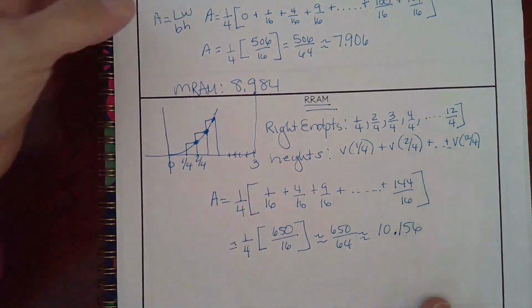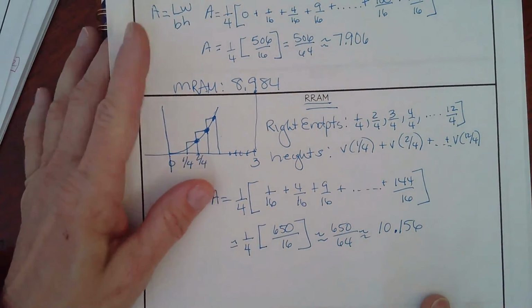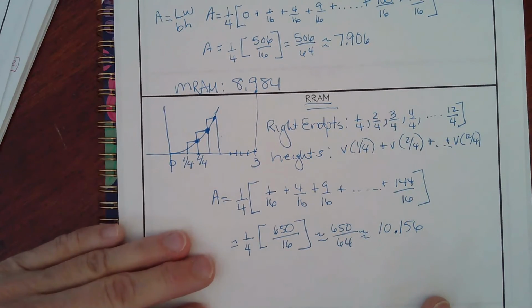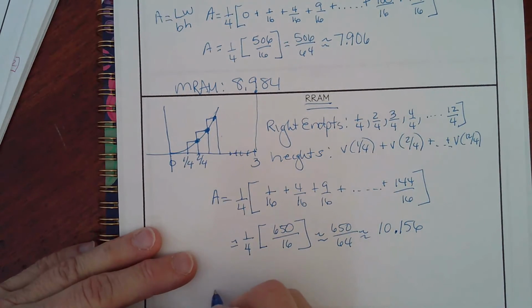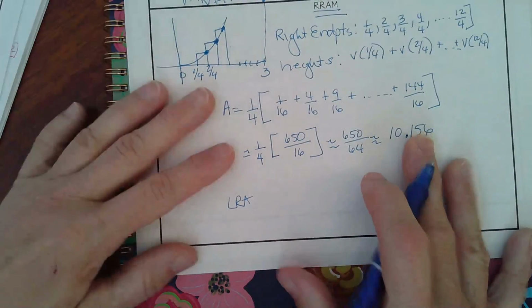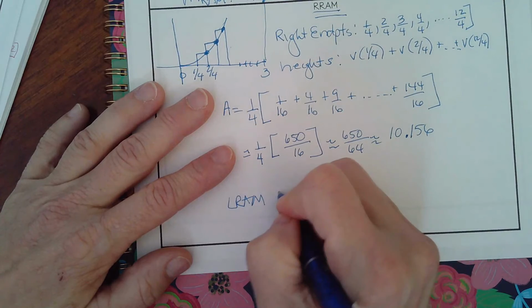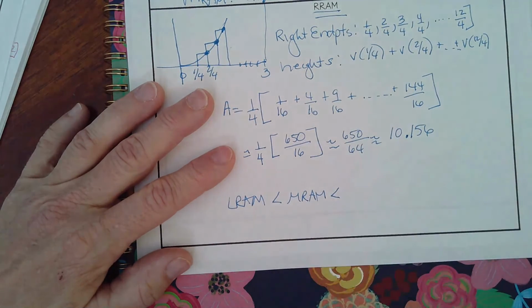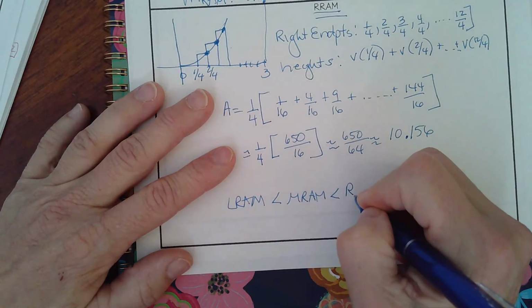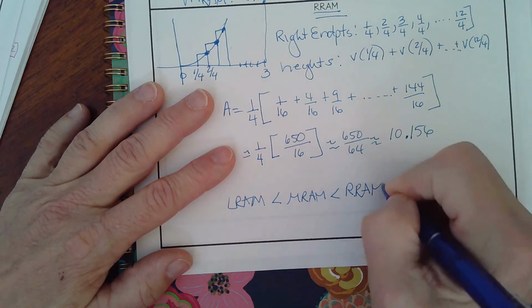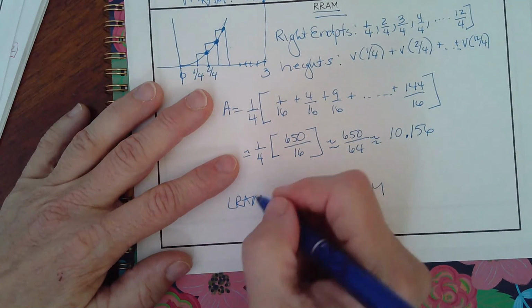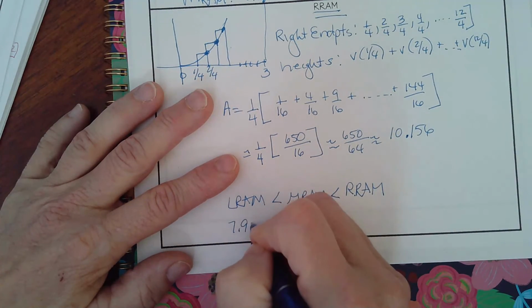So we've just found the area under the curve of our original graph using 3 approximation methods. Our left RAM was less than the MRAM, which was less than the right RAM. And so the left RAM, we had a value of 7.906.